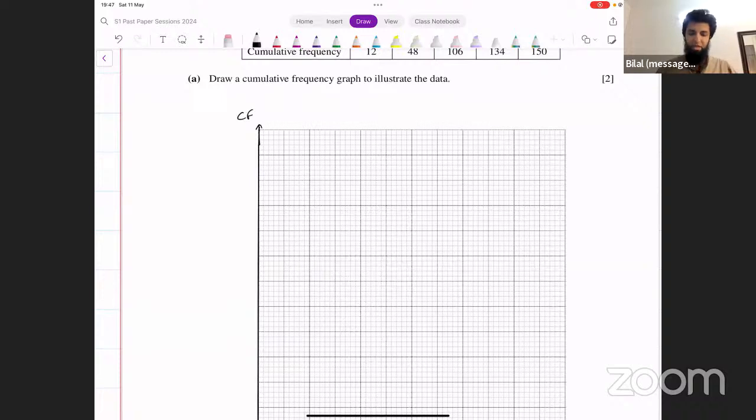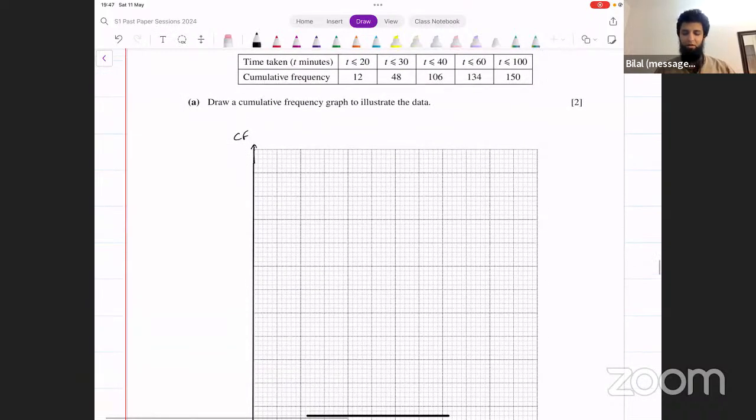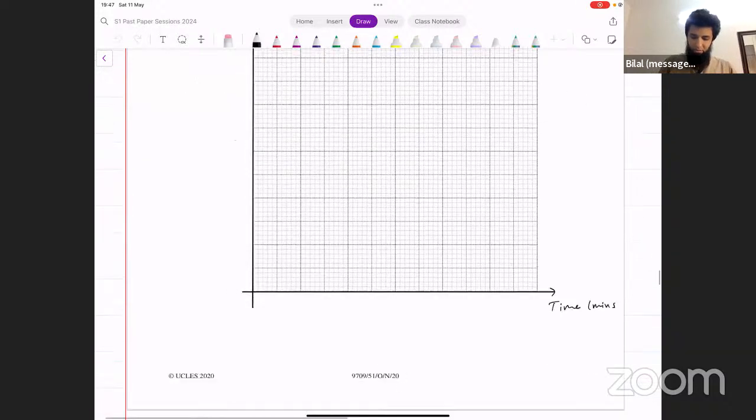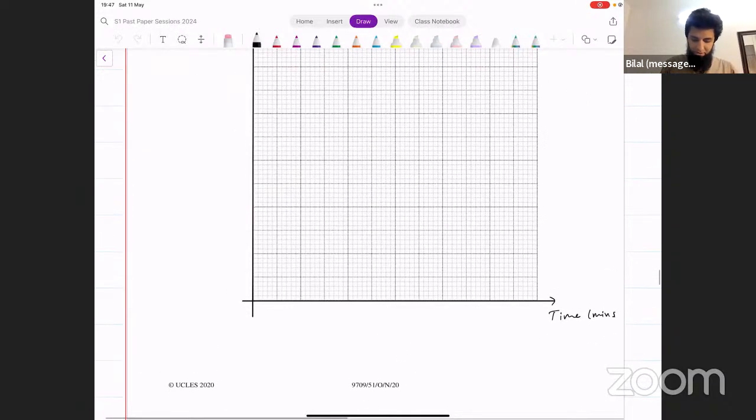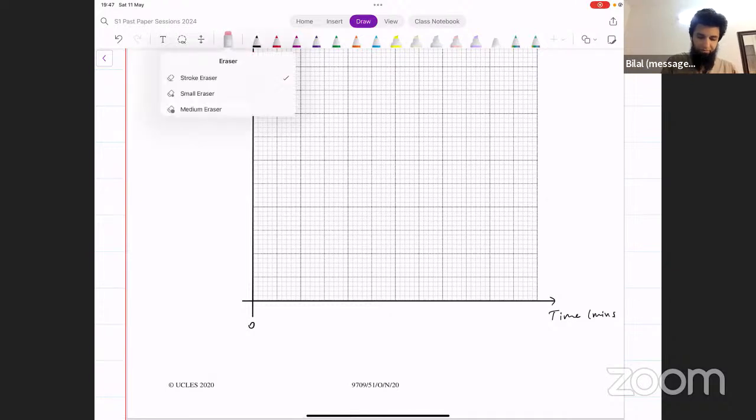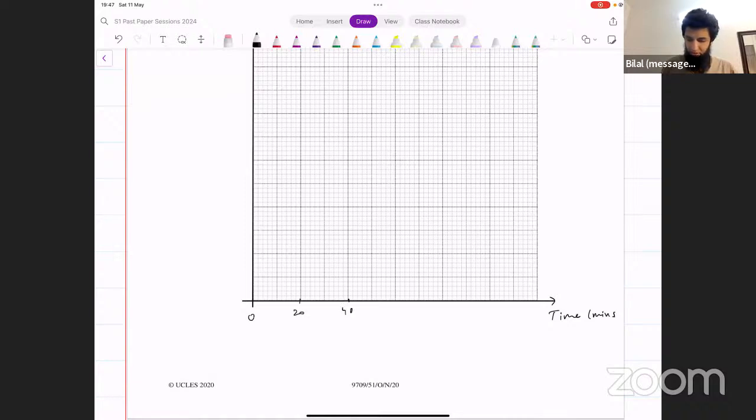That's also acceptable. Now, what's the scale that you should be taking? Now, on the horizontal axis, you want to go up to 100. So you could do something like this. If you start at 0 here, you could take an interval of 10. Yeah, so that works. 20, 40, 60, 80, and 100 on the horizontal axis.